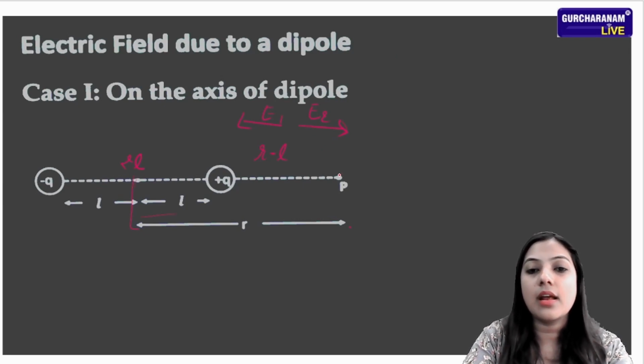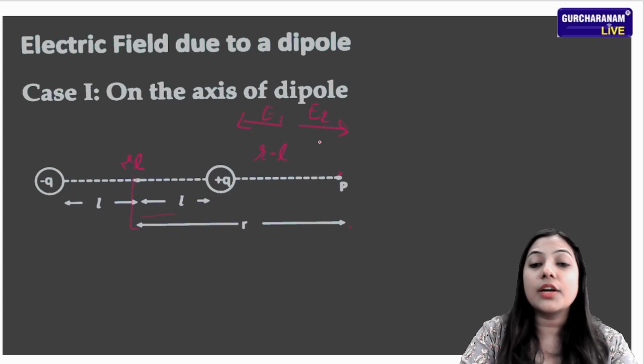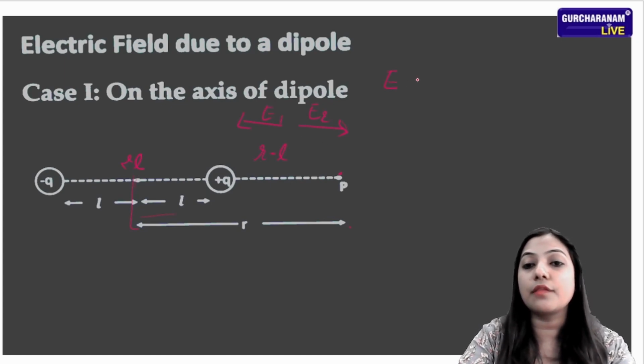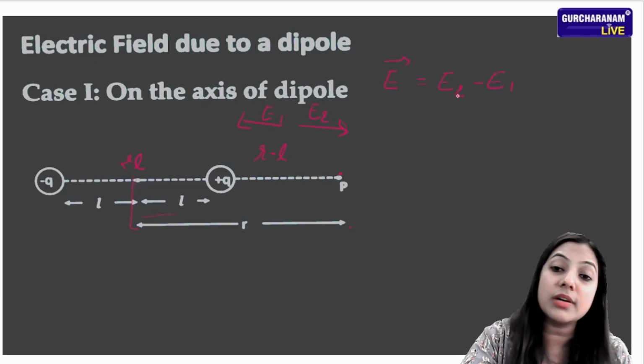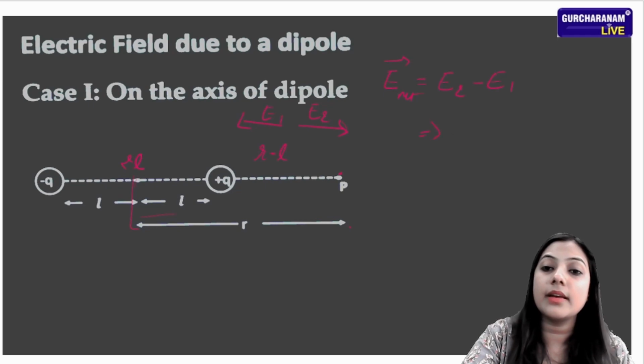So there are two electric fields, and we have to find the net electric field. So the formula is E2 minus E1. Okay, if we want to find the net electric field, the formula is E net is equal to E2 minus E1.